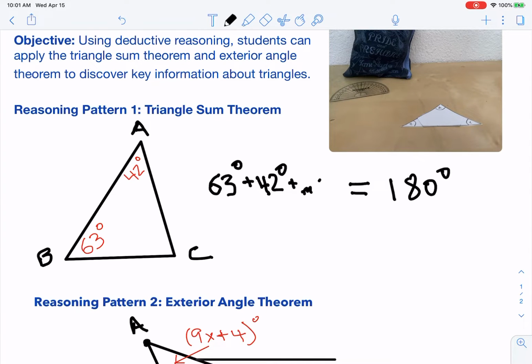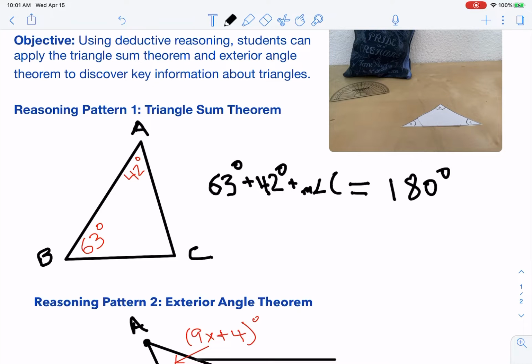This little M says measure, the measure of angle C. So we have this statement. It's true because of the triangle sum theorem. We know it's true that 63 degrees plus 42 degrees plus the measure of angle C add up to 180 degrees. It's got to be true.